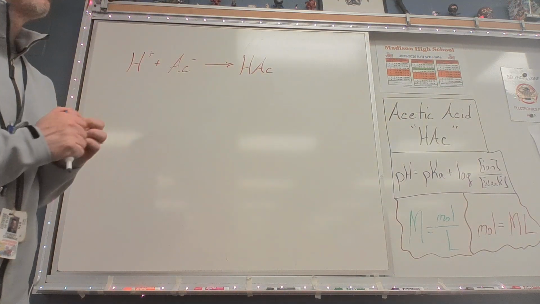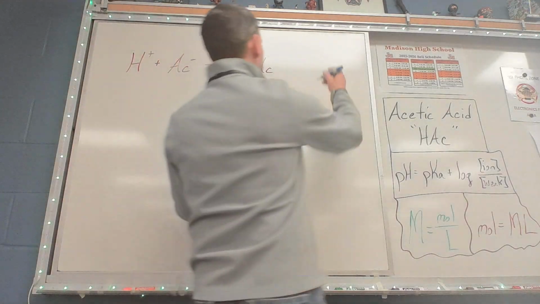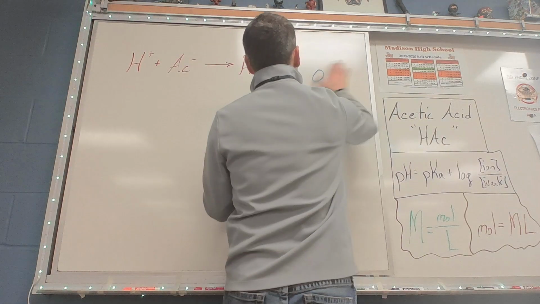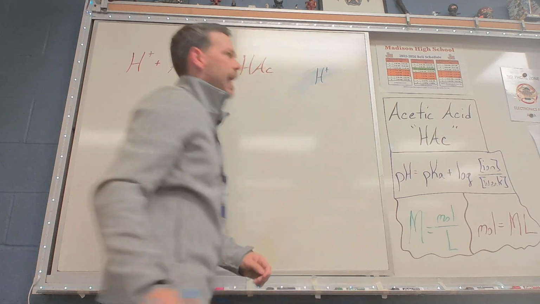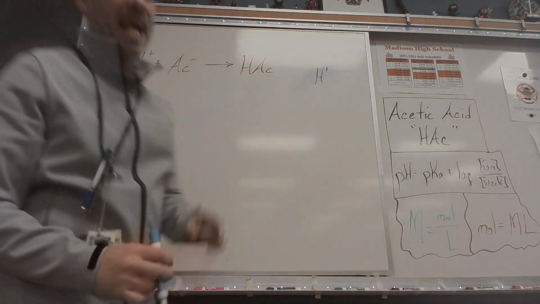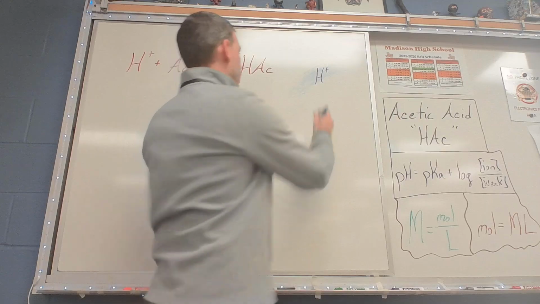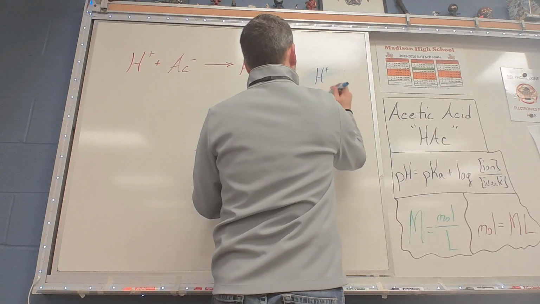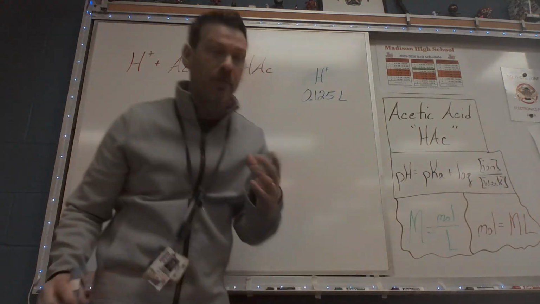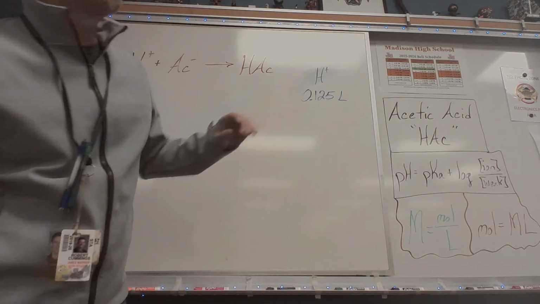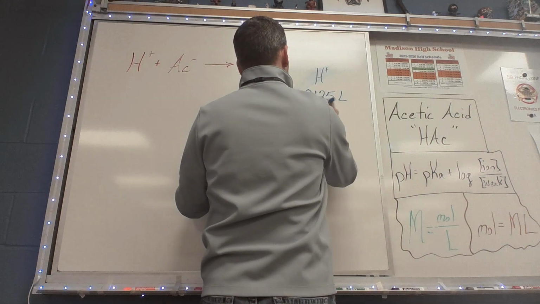So here we go. If you look at the values, the invader is being described as 125 mils, which is 0.125 liters. Remember, we need liters in molarity to multiply, times 0.525 molar.